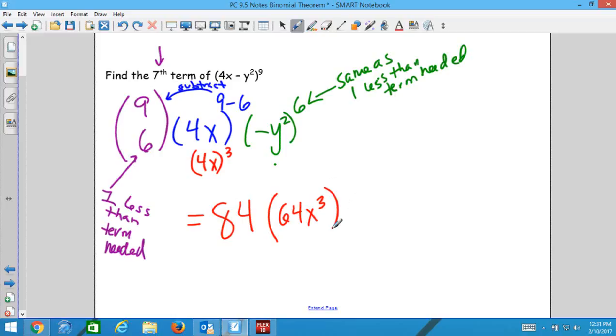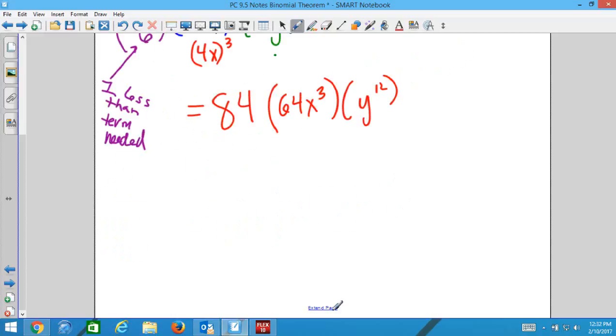Negative's going to change that positive. So we'll have y to the, what do you do when you do power to a power? Multiply, so y to the 12. And I just have to calculate that. What is that? 5,376 x to the third, y to the twelfth.